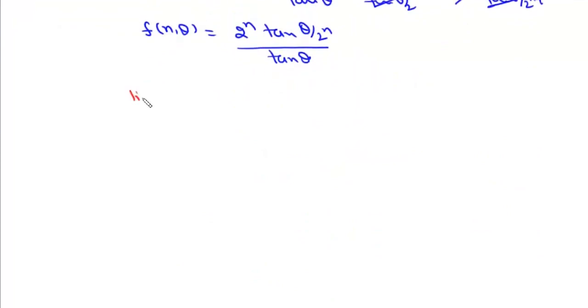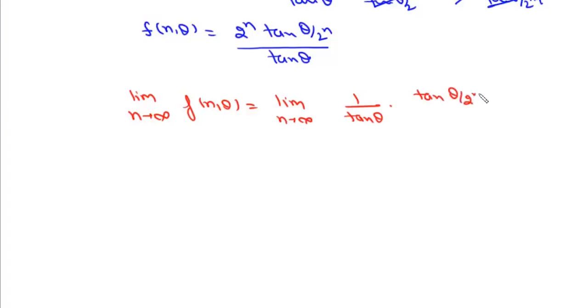So this limit n tends to infinity f n theta will be this limit n tends to infinity, and we'll rearrange all this a bit. So we'll write this as 1 upon tan theta. This is nothing to do with n, and it will be this tan theta upon 2 to the power n, and we'll take this 2 to the power n in the denominator, so it will be 1 upon 2 to the power n.